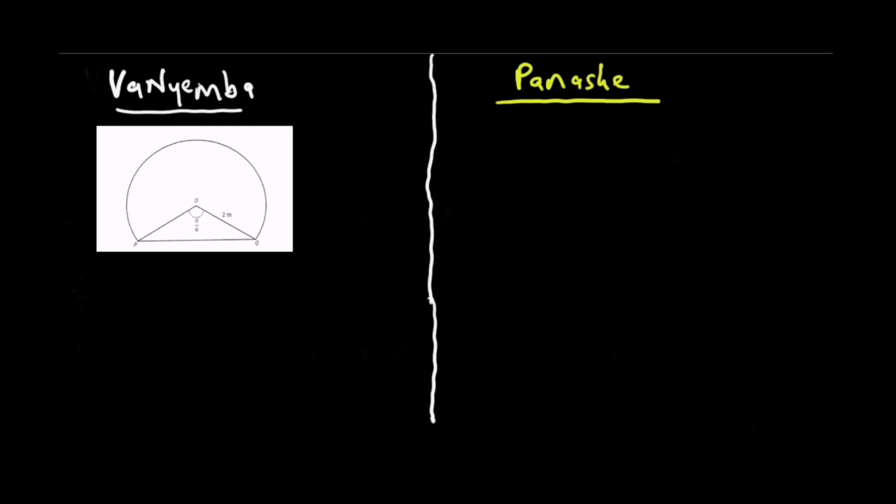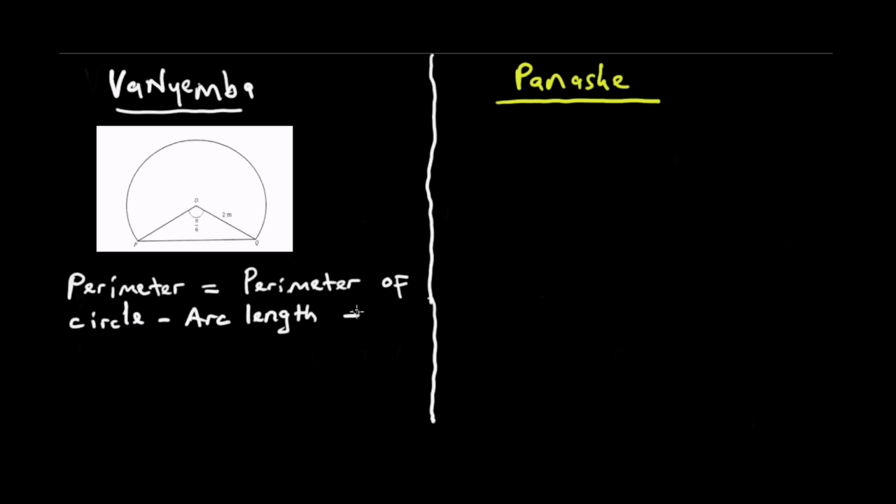The relationship I used is this: perimeter is equal to perimeter of circle minus arc length plus chord PQ. The perimeter of the whole circle includes this part which is not included on this cross section, this part.